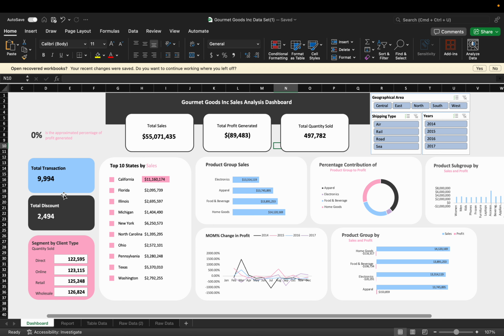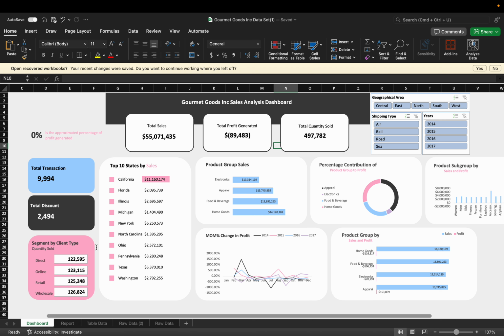The total transaction amount for all of the years from 2014 to 2017 was close to 10,000. Then the total discount applied for the goods sold is 2,494 for all the goods sold.